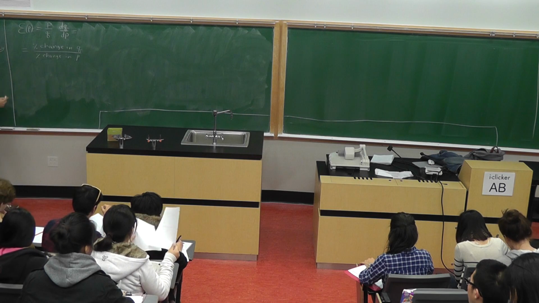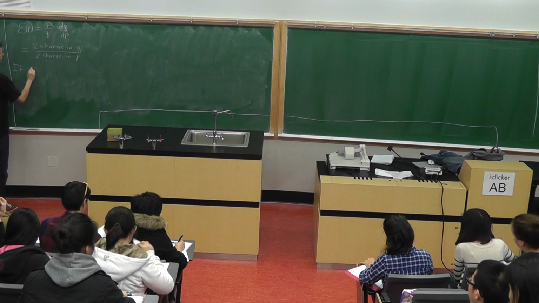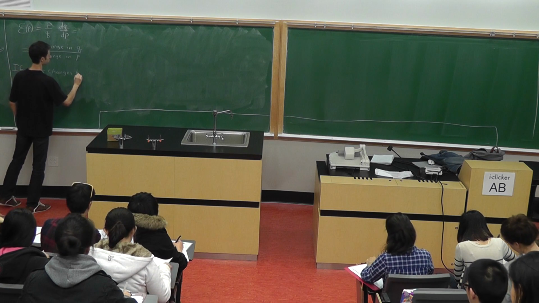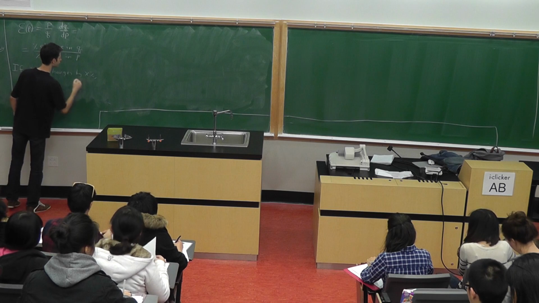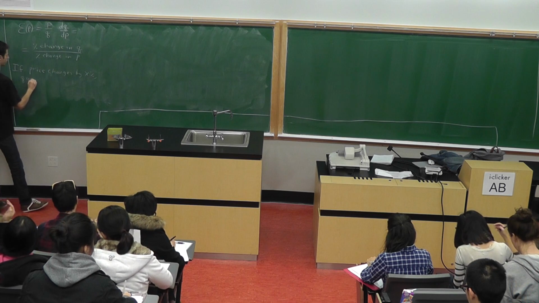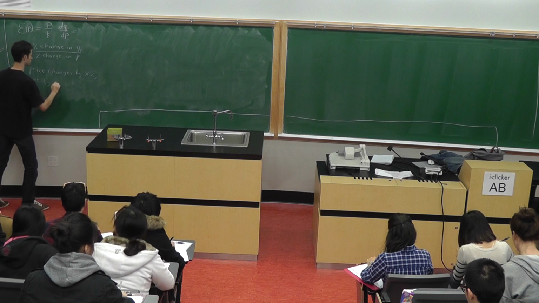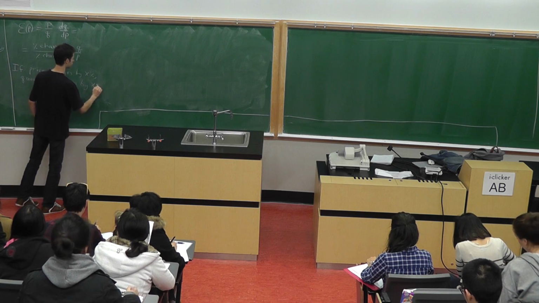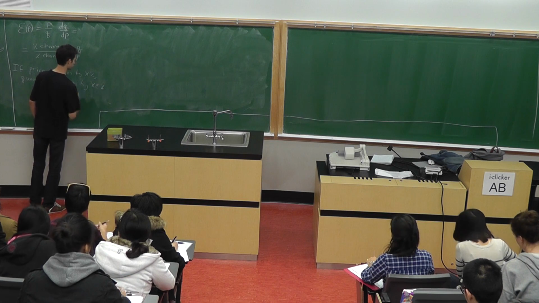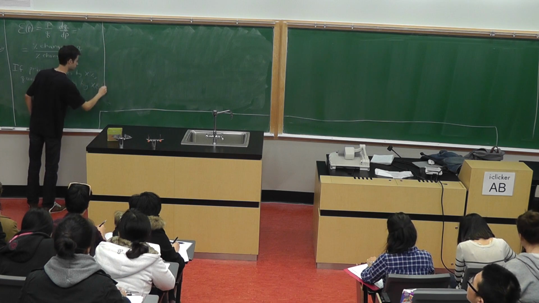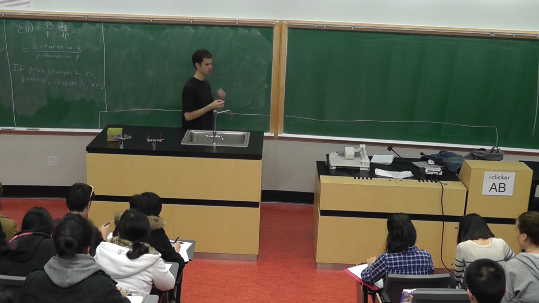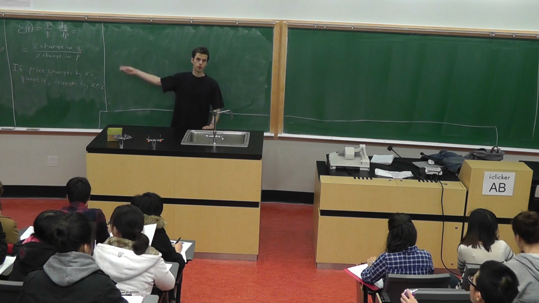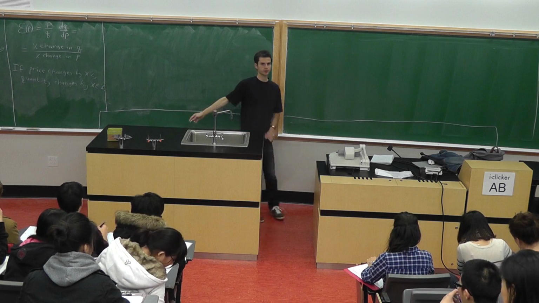And the interpretation we gave to this was, if price changes by x%, quantity changes by x times epsilon %. So that's more or less what we know about elasticity.